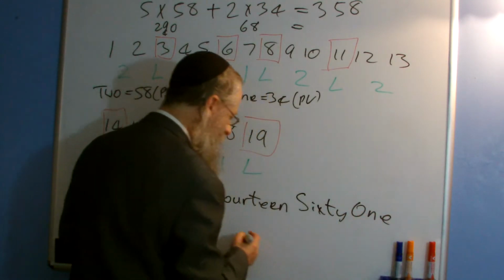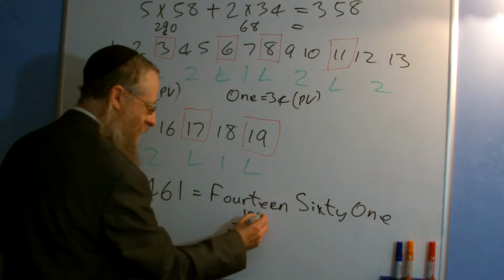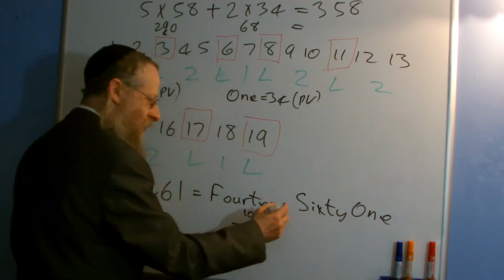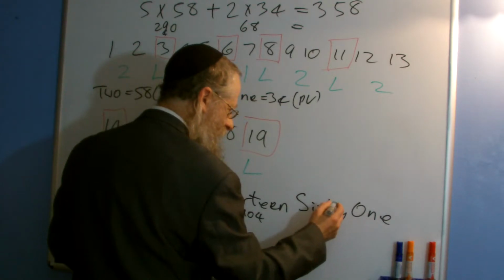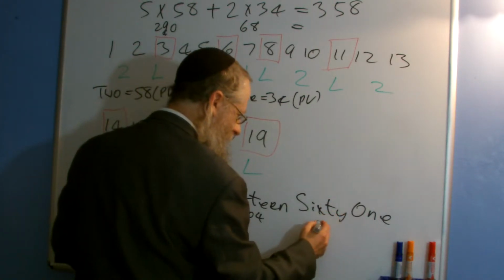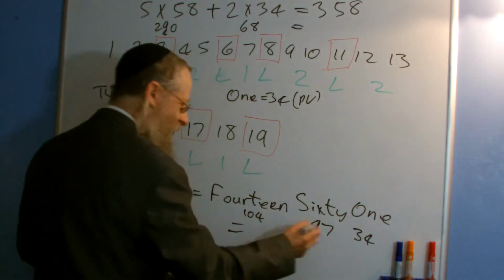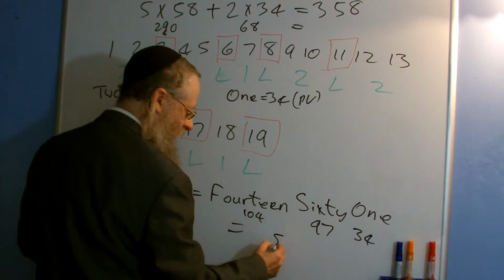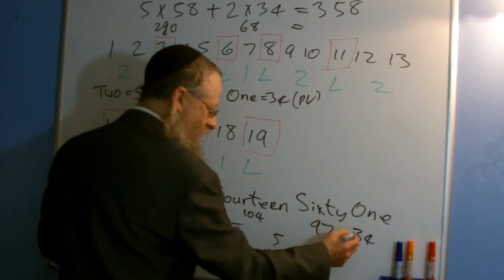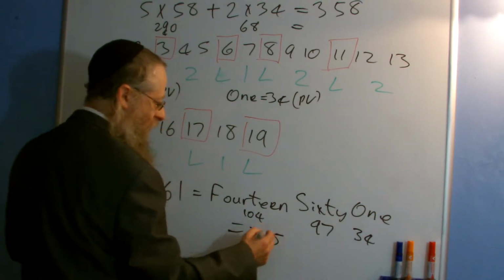And it just so happens, if you work that out, 14 is 104, 60 is 52, 72, 77, 97, just remember that one, and 34 is 1. If I add that all together, I will get 8 and 7 is 15, 9 and 3 and 1 is 13, and 1 and 1 is 235.